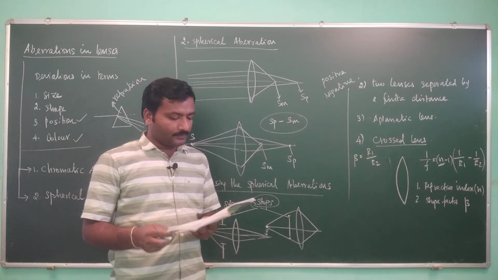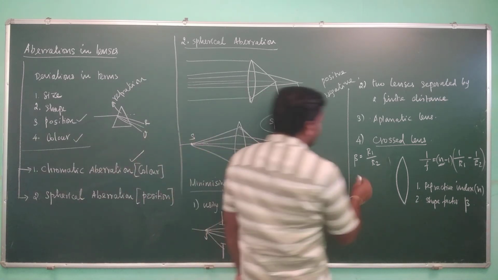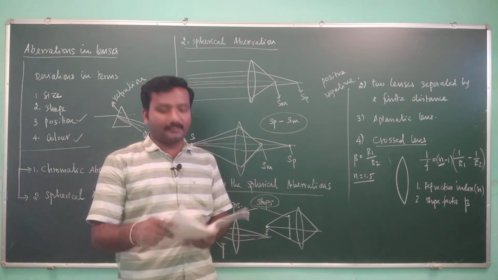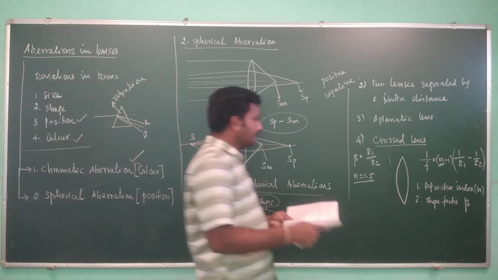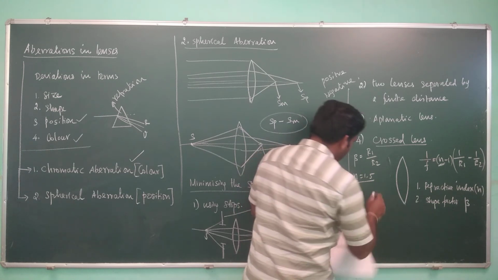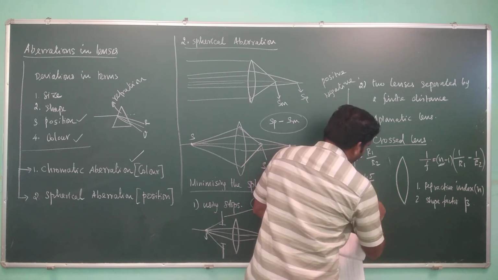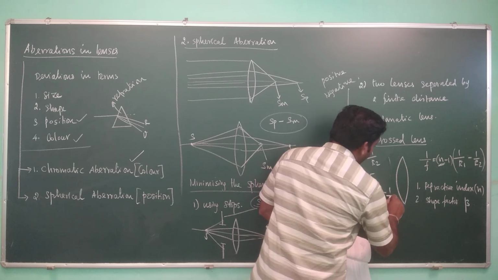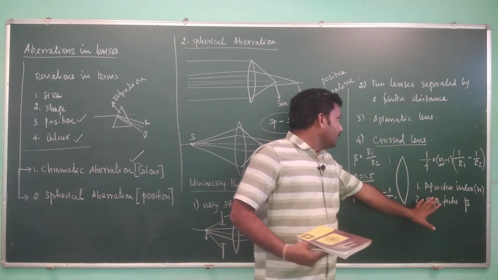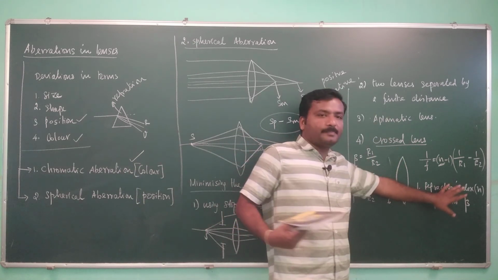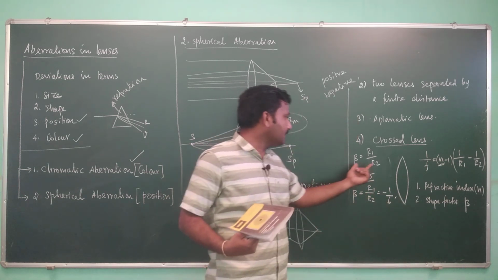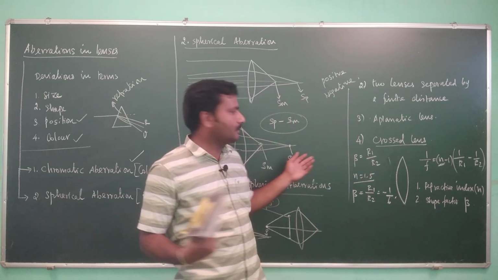Okay, fine. For a material, if the refractive index is 1.5, then the spherical aberration will be minimum if beta, which is R1 by R2, is equal to minus 1 by 6. This is the condition, right? As I said a little earlier, the spherical aberration depends on the refractive index and the shape factor beta, where beta is the ratio between R1 and R2.